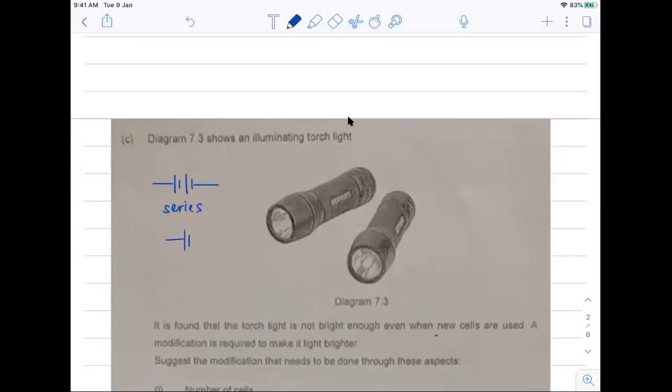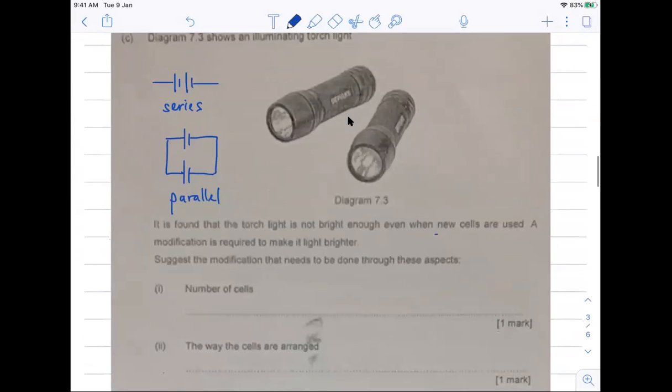So what if the battery is connected in like this parallel connection? So they are asking us what we need to do to number of cells and the way the cells are being arranged.